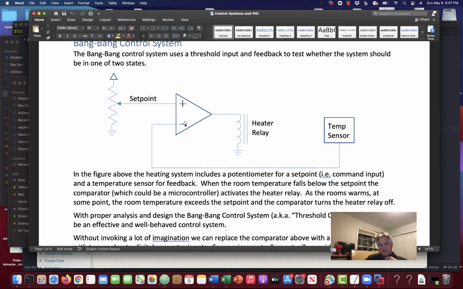If the top one is higher than the lower one, then maybe it puts on a signal to turn on a heater relay, or does whatever it does to put the system in one state. And then if the mathematical result is not that the set point is higher than the feedback, then it can put the system in another state. And it would be pretty easy to include hysteresis in there by having two such thresholds. And you could also come along with some kind of device and talk to that microcontroller and say, hey, we want to change the set points.